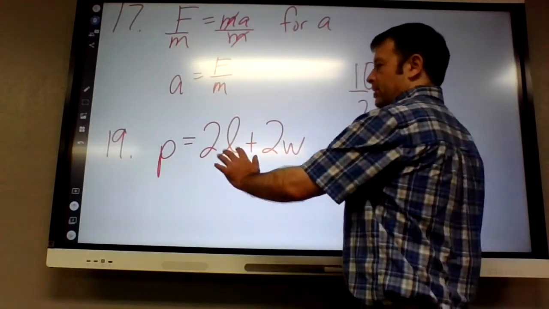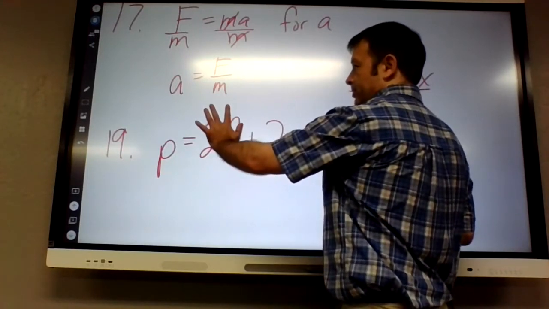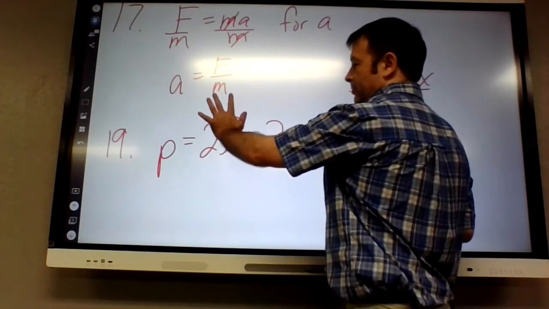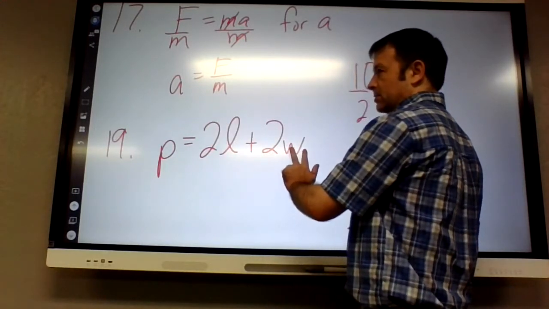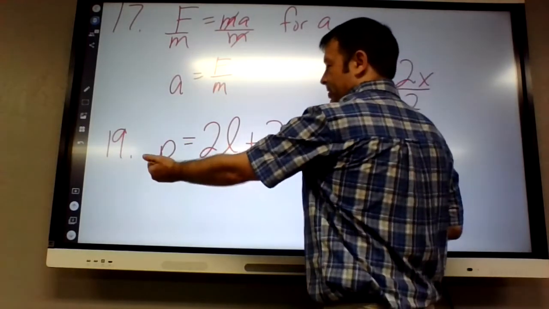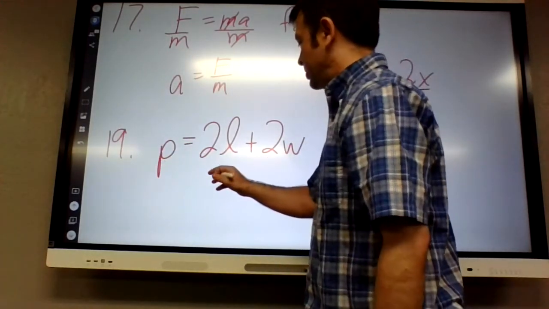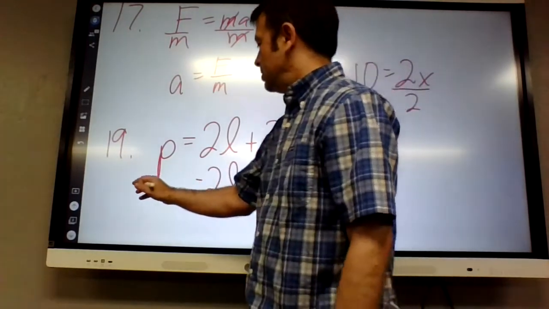So, you actually could divide by 2, but do I usually, on like number 11, get rid of the added value first, or do I get rid of the multiplied value first? You could divide both sides by 2, that would happen to work okay on this one, but I'm going to stick with the normal.